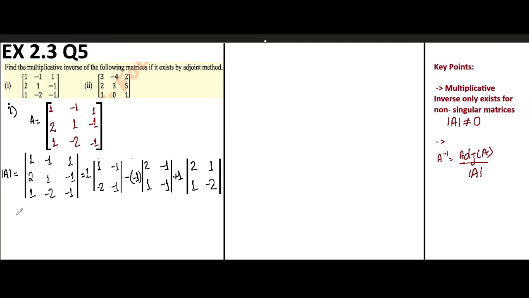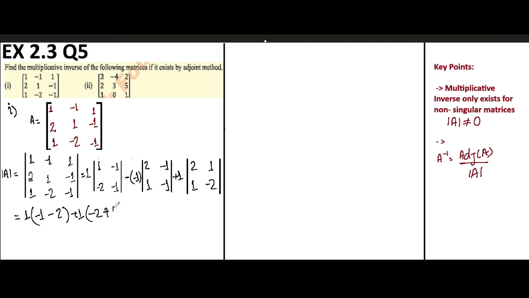Now we are going to solve it just like we solved 2 by 2 order determinants. We have to multiply the diagonals together, then put a negative sign, and then multiply the non-diagonals together, and it's over. Then minus into minus 1 gives us plus 1, into 2 into minus 1 gives us minus 2, minus sign as per the formula, and then 1 into minus 1 gives us minus 1.